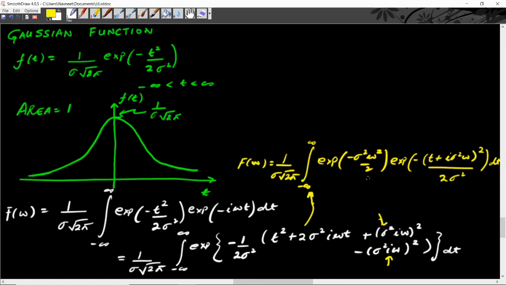Now note that our integral is over time, not over the frequency omega. So we can take this term outside. That means we can write this particular integral as this.